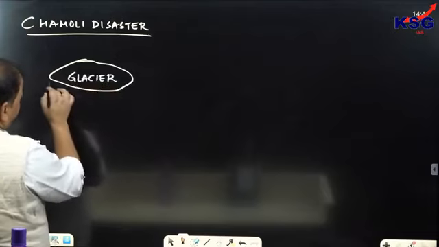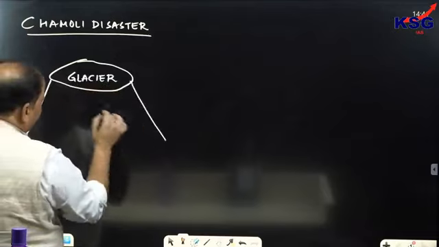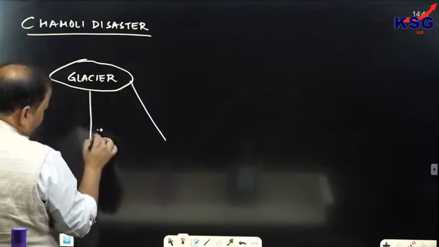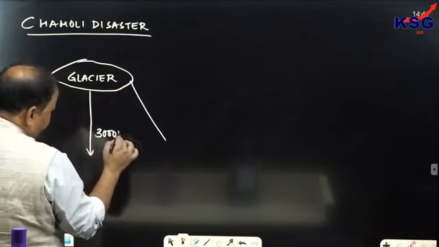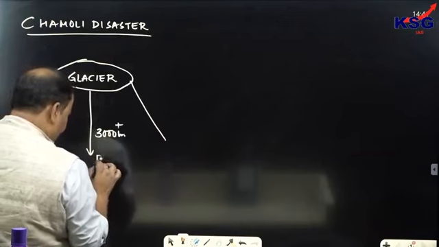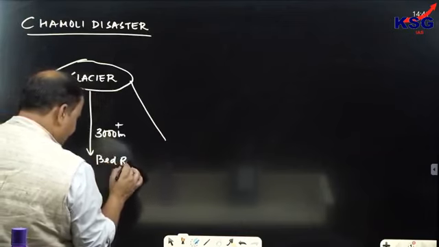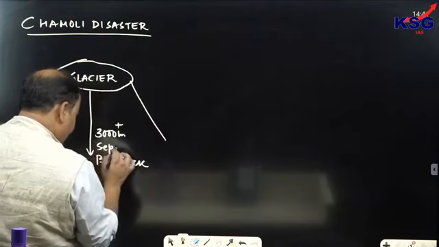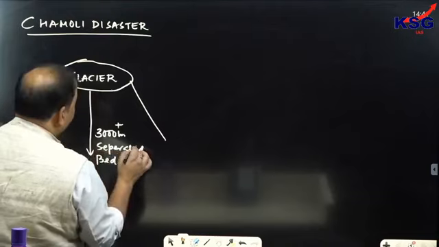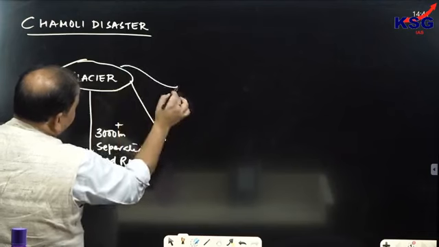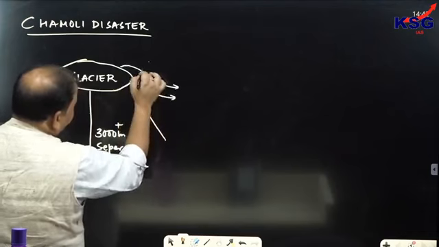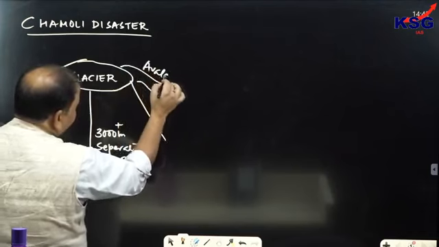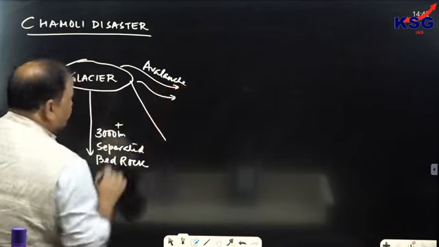This separated from a bedrock which was more than 3,000 meters deep. So from the bedrock it separated. Now this resulted in what? This resulted in avalanche, that is movement of snow.